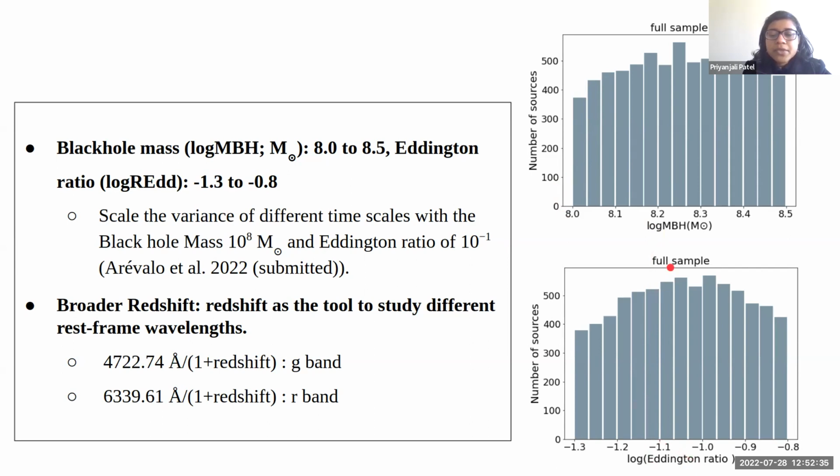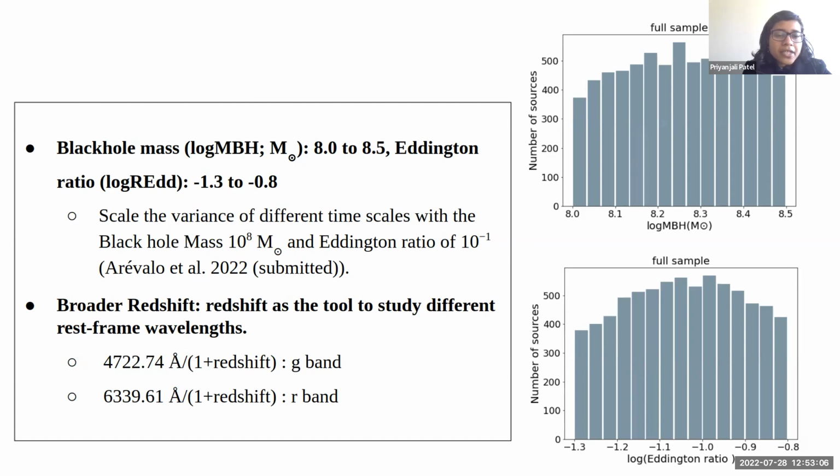Since this sample covers a certain range of black hole mass and Eddington ratio, we scale the variance to a black hole mass of 10 to the power 8 solar mass and Eddington ratio of 10 to the power -1 by using the table from Arevalo et al. 2022.